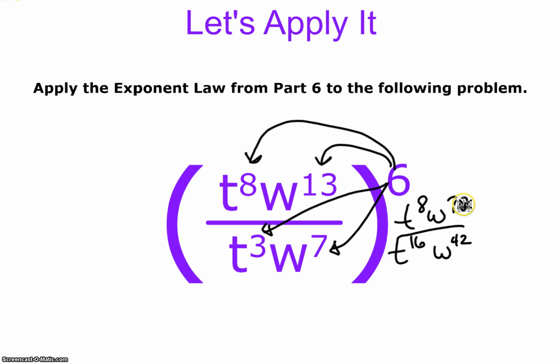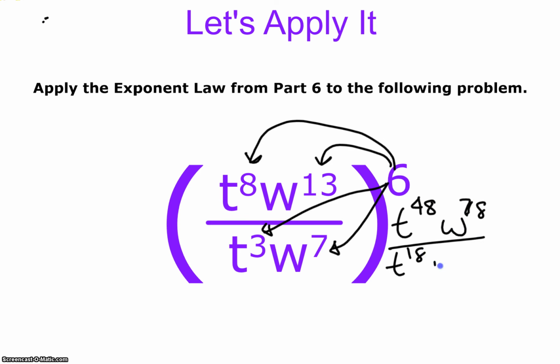And I messed up here. Let me do this again. t to the 48th, w to the 78 divided by t to the 18, w to the 42. And because they are a division problem, we subtract, so our answer is t to the 30, w to the 36. There's your answer. Apologize for the mistakes.